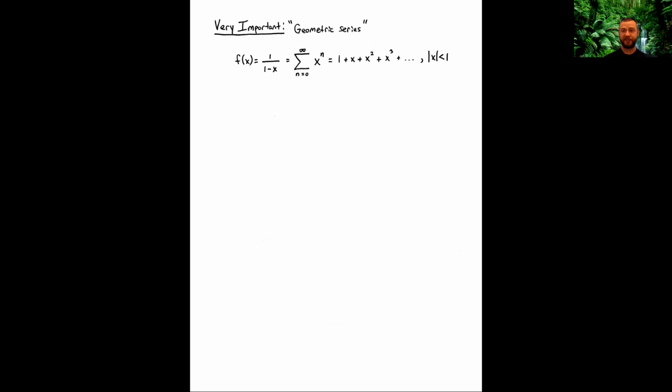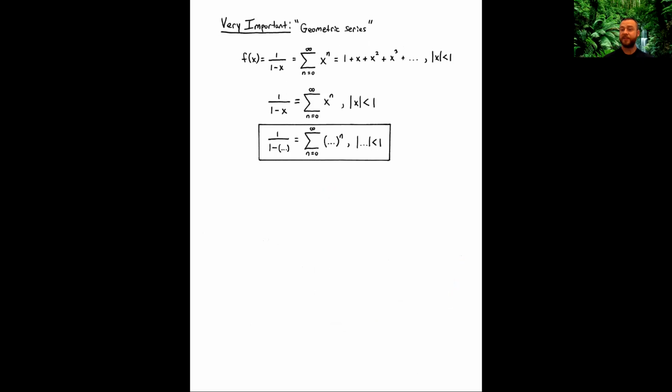Again, our starting place is this result that we basically saw come from the geometric series. Everything that we'll be looking at in this lecture basically comes from this. What I want to do is break this down into how we're going to use it. We're essentially going to rewrite our functions to look like the function 1 over 1 minus x.